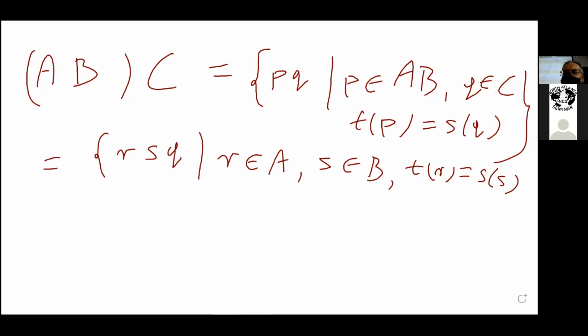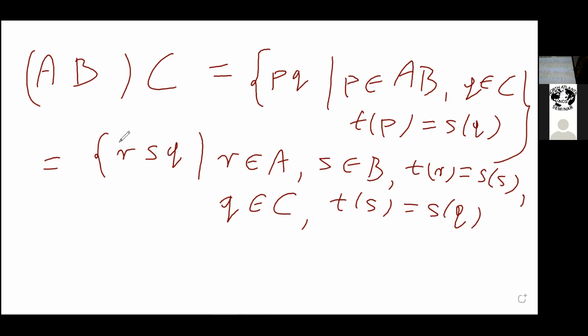And then, of course, we don't lose the condition that Q is in C. And what is the end of P? The end of P is the end of S. And the end of S is equal to S of the beginning of Q. So we arrived at RSQ.